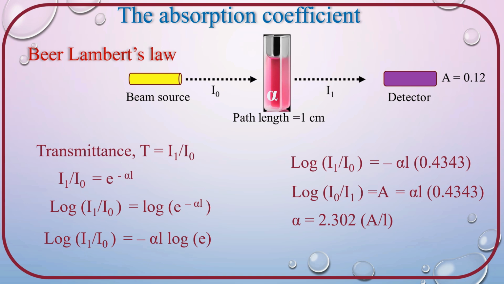Thus alpha is equal to 2.302 into A divided by L. Normally L is equal to 1 centimeter, so alpha is equal to 2.302 into absorbance, in centimeter raised to minus 1. This absorbance we will get directly from the UV-Vis absorption spectroscopy.